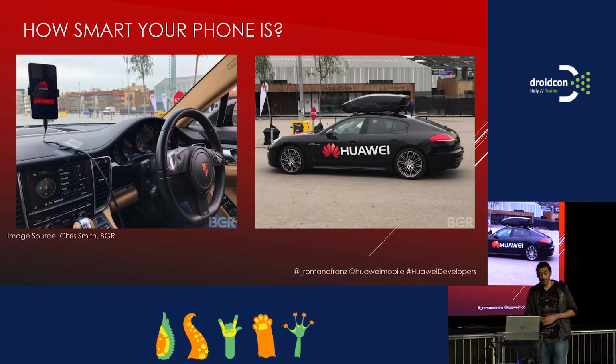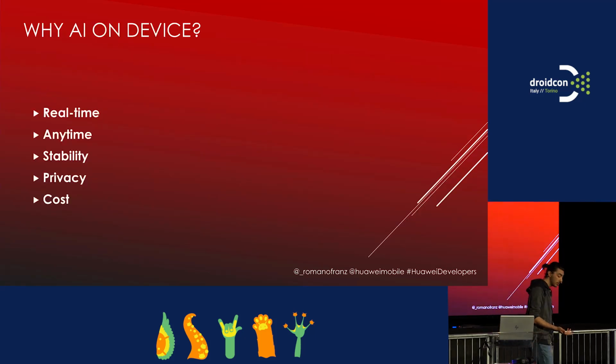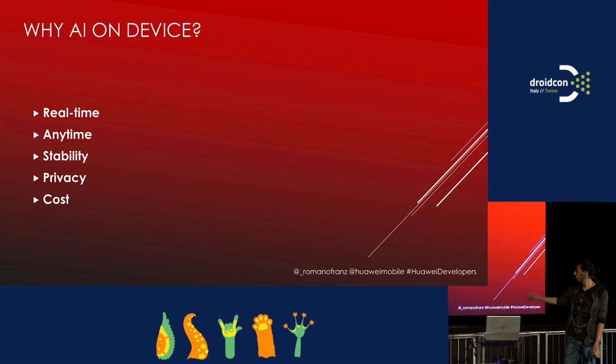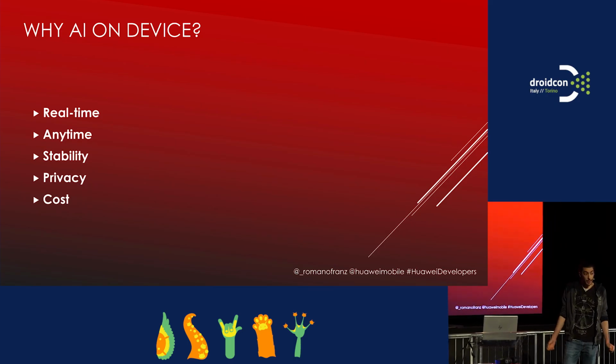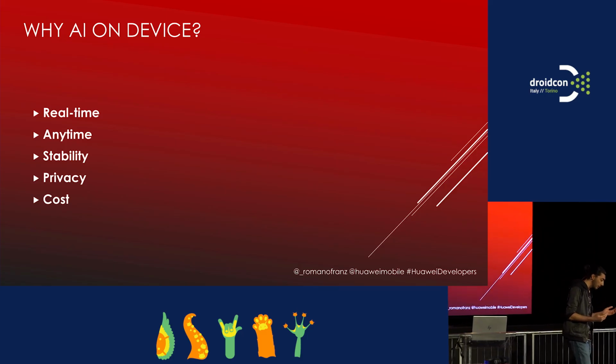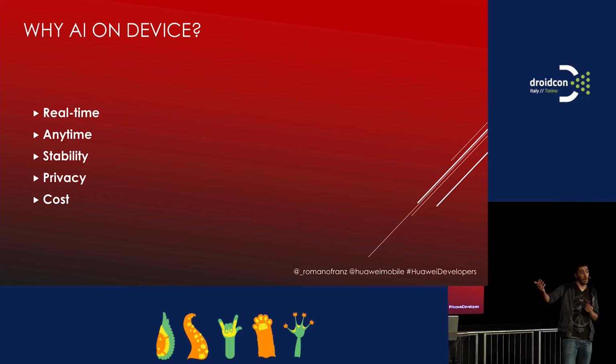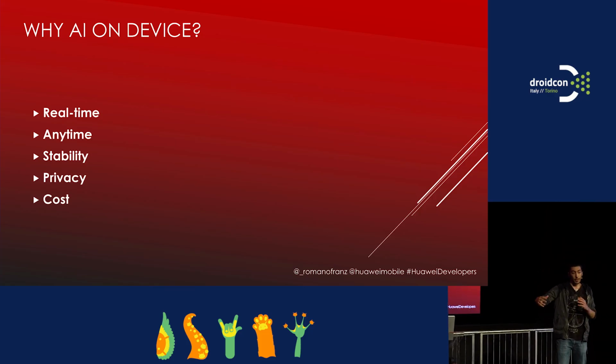But in everyday apps, what are the advantages of having this power on the device? Well, you want your algorithm to be run in real time. Most of the services for machine learning and artificial intelligence rely on the cloud, so you have to send all of your data to the cloud, make the computation happen, and get the results.